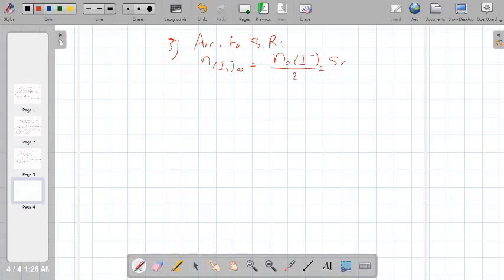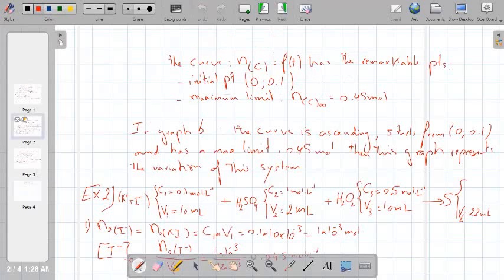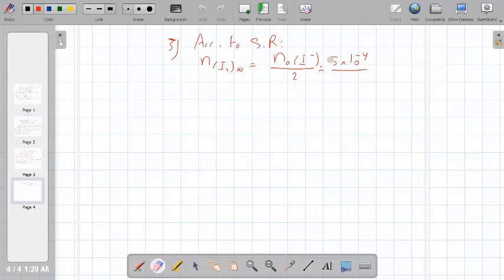So 1 × 10^-3 over 2 equals 5 × 10^-4 mole.